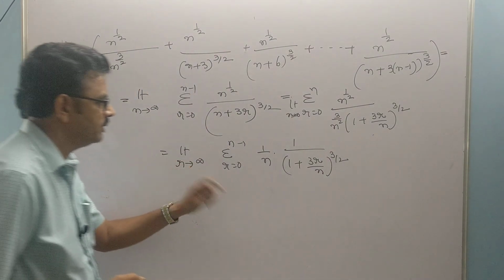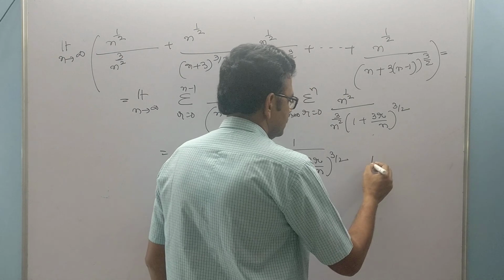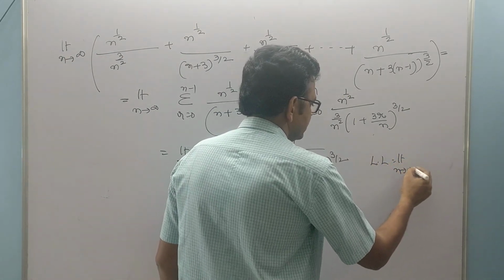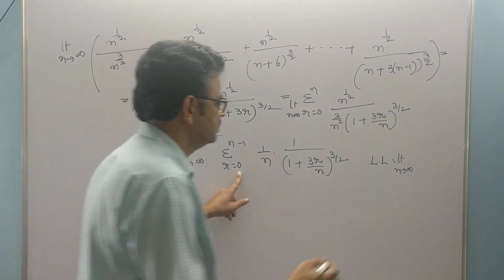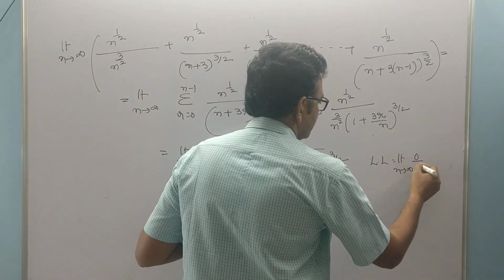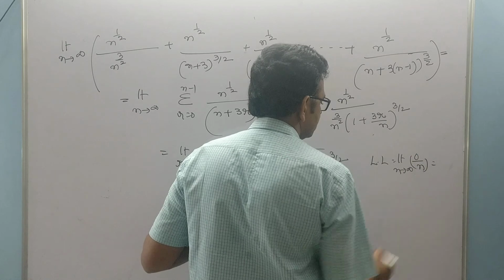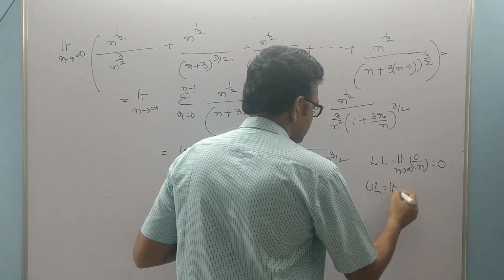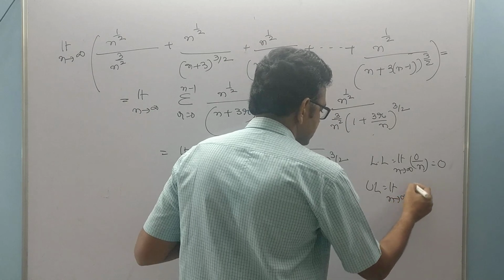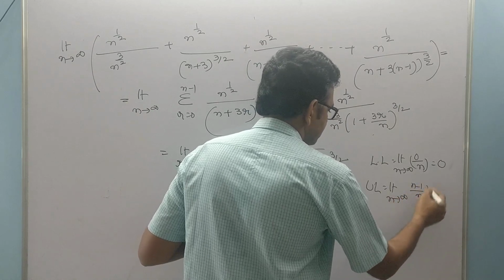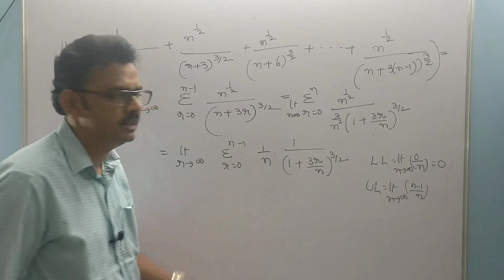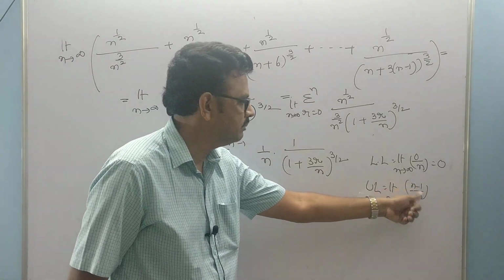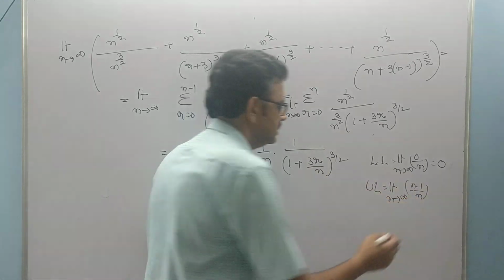Now, what about the upper and lower limits? Lower limit is limit of n tends to infinity of r by n with r equal to 0, so this is 0. Upper limit is limit of n tends to infinity of n minus 1 by n, where r is n minus 1. Taking n common, 1 minus 1 by n, okay? Which is 1.